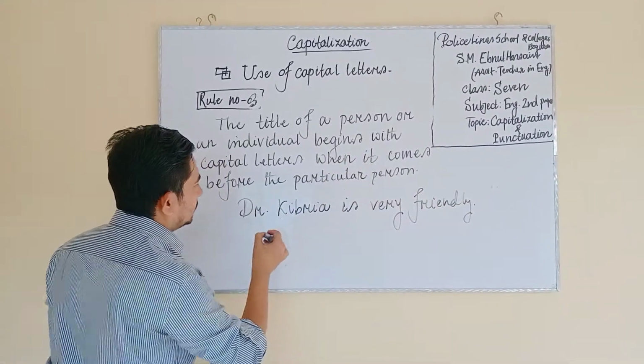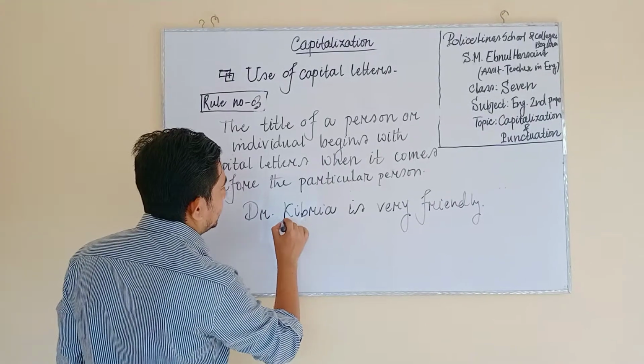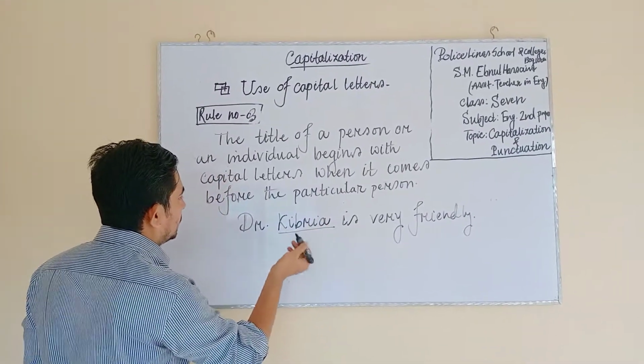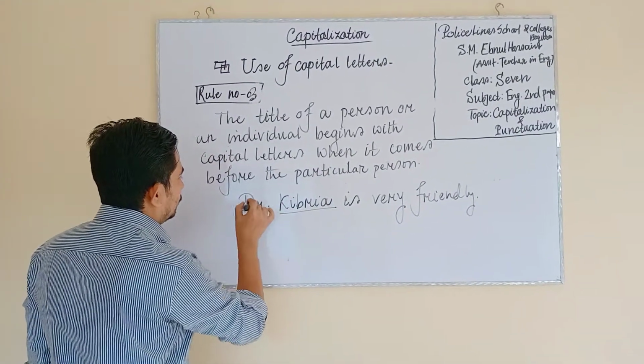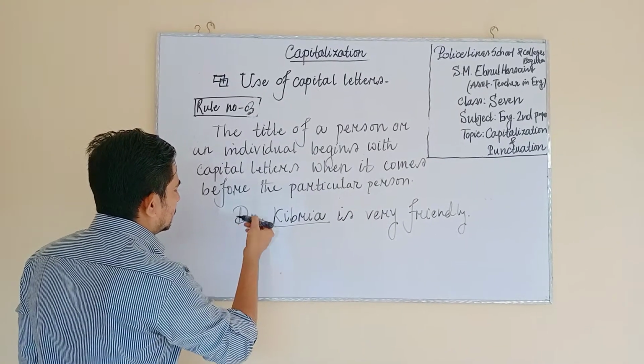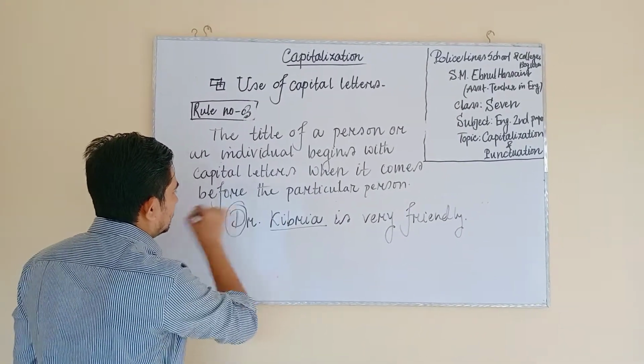So here the name of a person Kibria and the title of the name is doctor, and the title begins with the capital letter D.